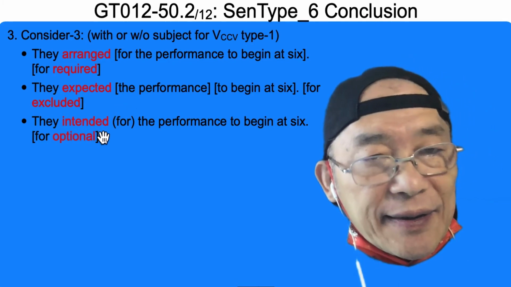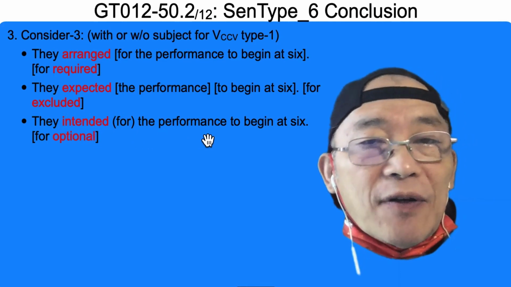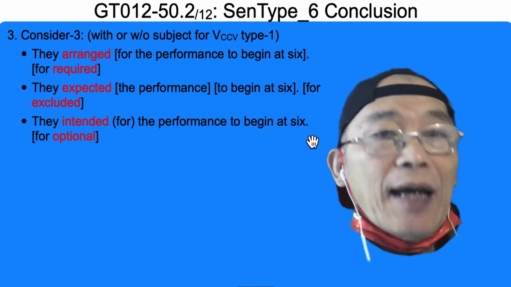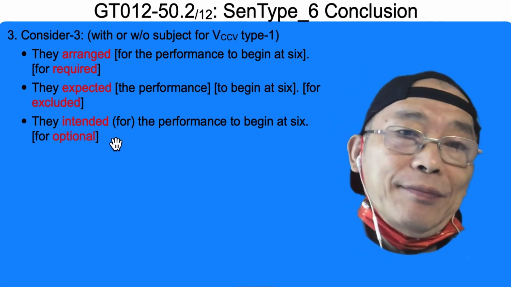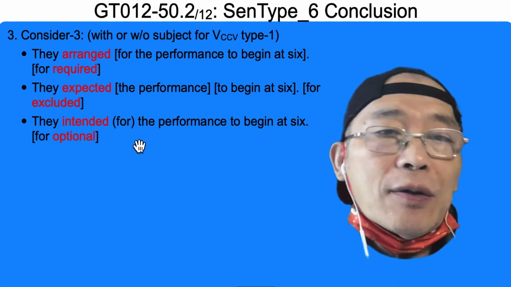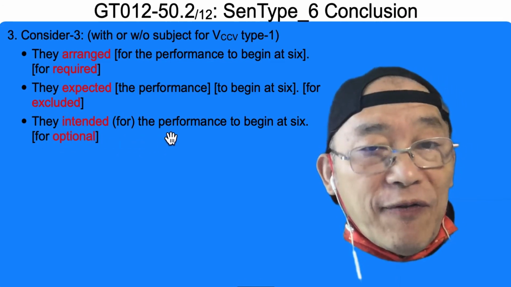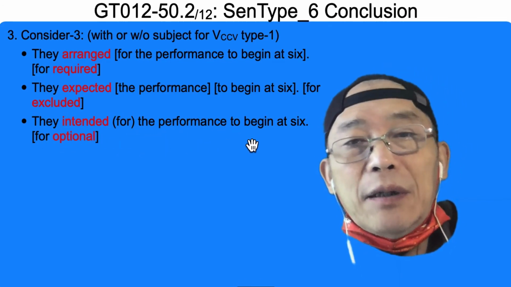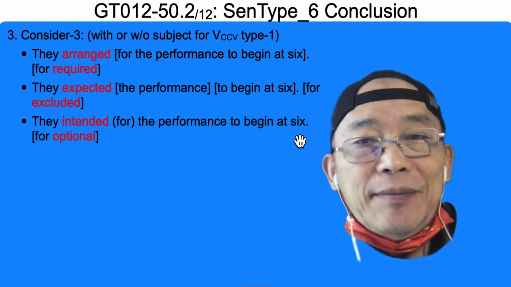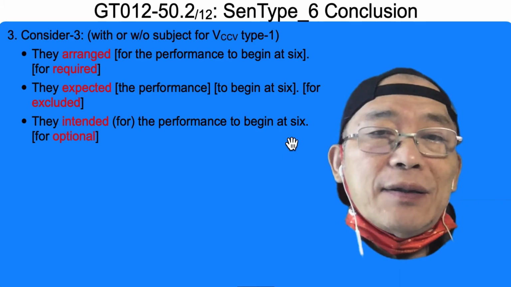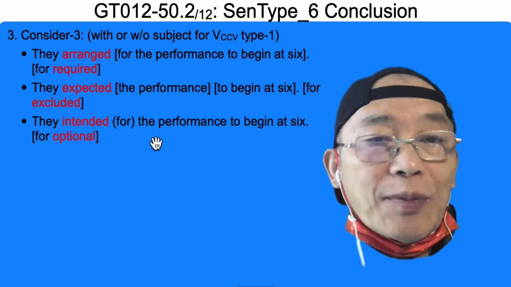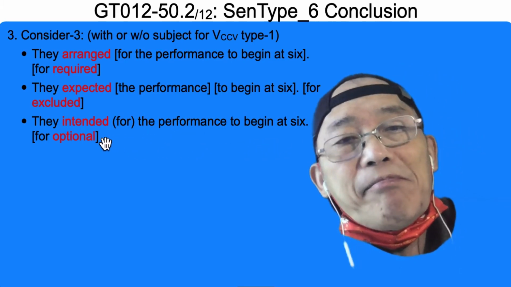They intended for the performance to begin at 6. That's one thing. They intended one thing. But if you don't use the for, they intended the performance object to begin at 6. So, without the for, two constituents. And this is the object for this.